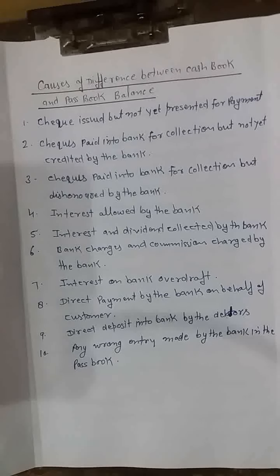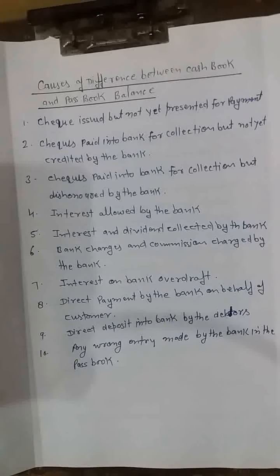Number 5, interest and dividend collected by the bank. The banker may receive amounts due to the customer by way of dividends, interest, etc. directly from the person, on account of instructions of the customer to such person.